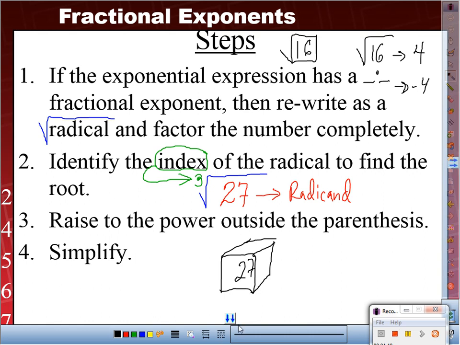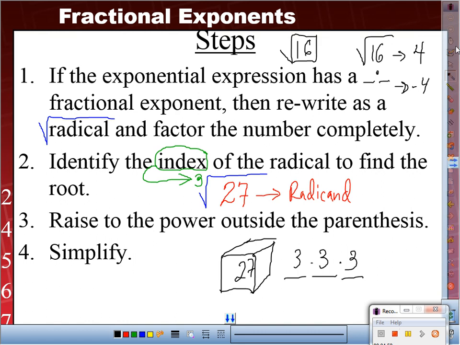So what number times itself, how many dimensions do we have? 1, 2, and 3. So what number times itself 3 times gives me that number? 3 times 3 times 3 gives me that. This index is going to indicate how many times we multiply that number by itself to get the number inside, which is the radicand. Are we there?